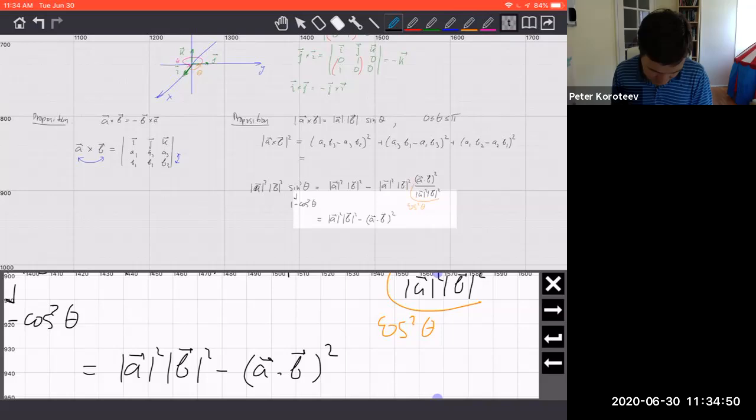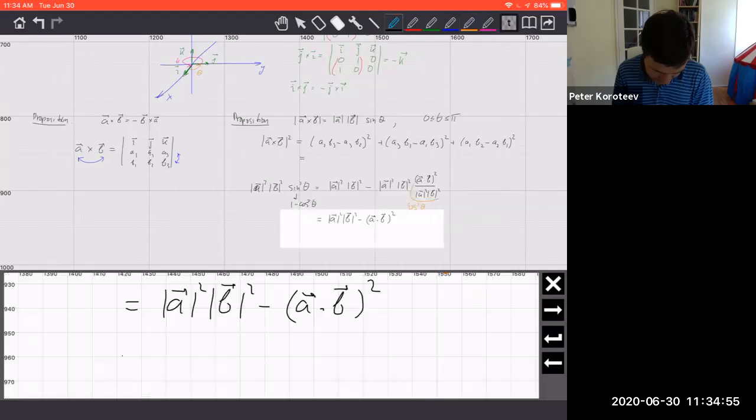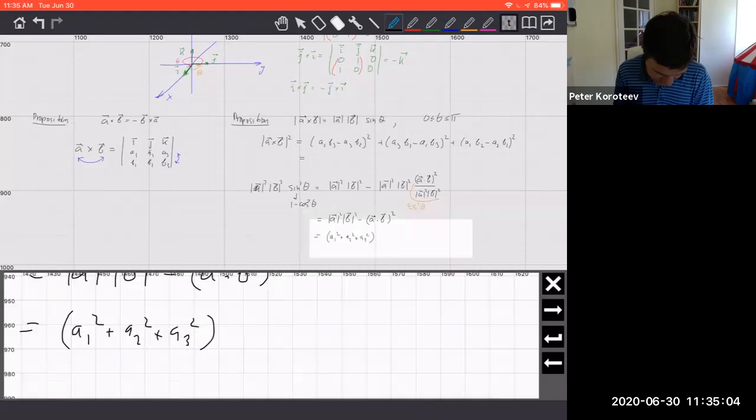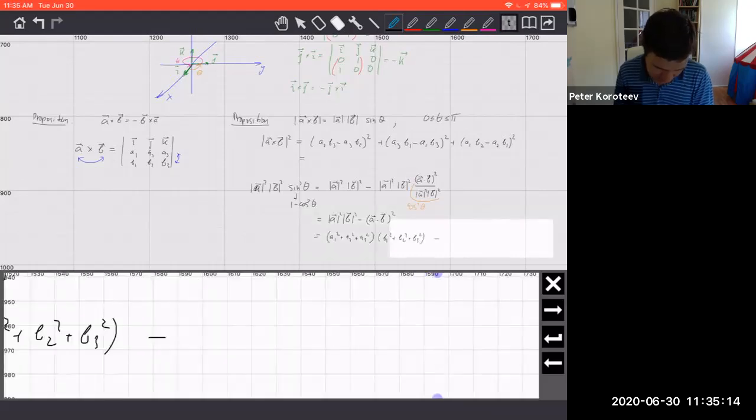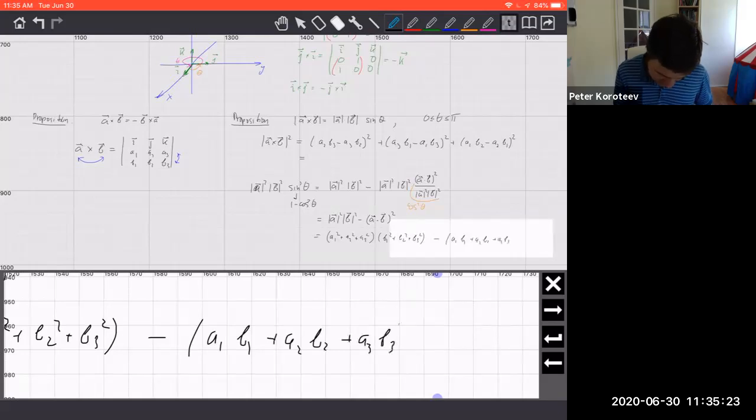And then we just need to show that, which is also: the absolute value of a squared is a1 squared plus a2 squared plus a3 squared, times b1 squared plus b2 squared plus b3 squared, minus (a dot b) squared, which is (a1 b1 plus a2 b2 plus a3 b3) squared.